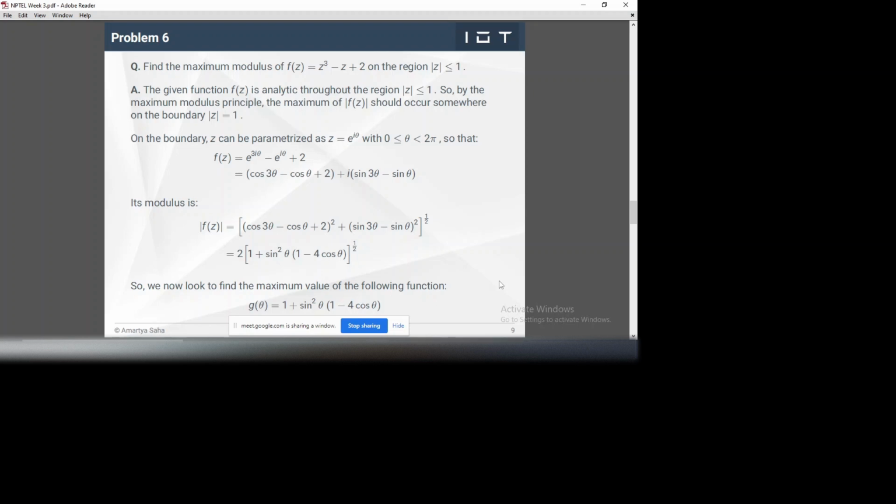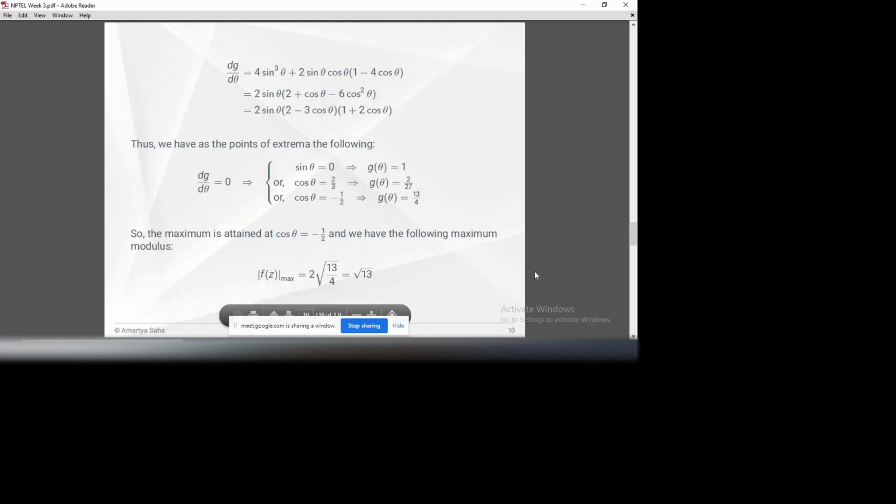Clear? So now it is a problem of real calculus. You are given a function of a variable θ, and you will have to find the maximum of this function. So, a simple one variable calculus problem.